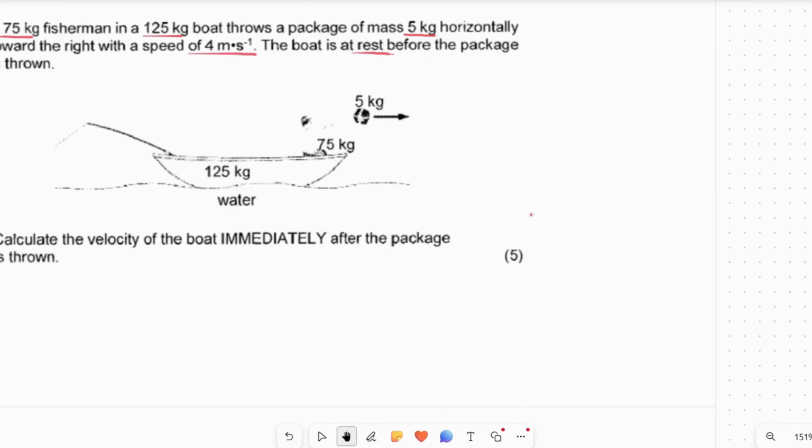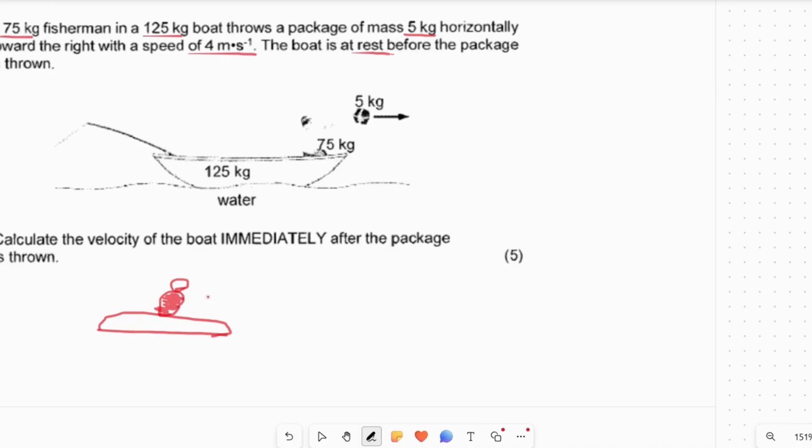So now let's understand this scenario here. We are looking at this system here. There are 3 objects they are talking about in this scenario. So number 1, we're looking at this one. This is before. Then we got the boat that is here, this is my boat, it's a beautiful one. And in that boat, there is a fisherman, and the fisherman is having an object, the object that was thrown by the fisherman.